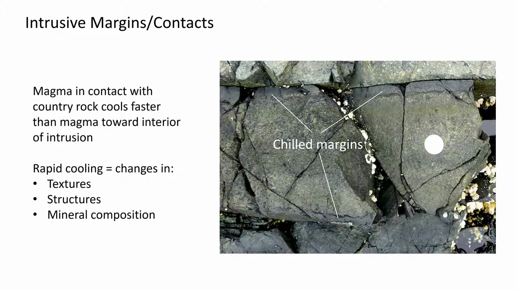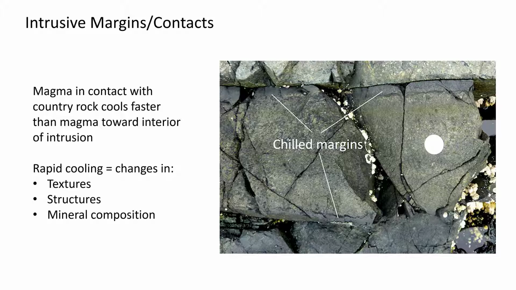Intrusive margins and contacts: this is the contact between a newly formed pluton or batholith and country rock on a large scale, as well as, on a smaller scale, the intrusion of dikes and sills, like the example shown here.